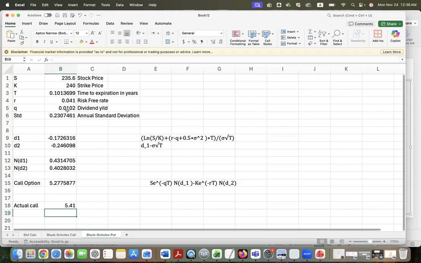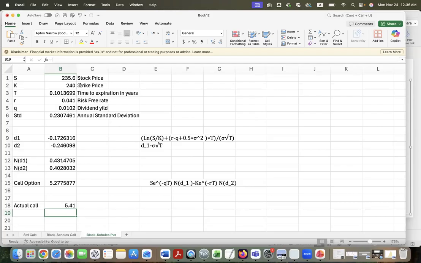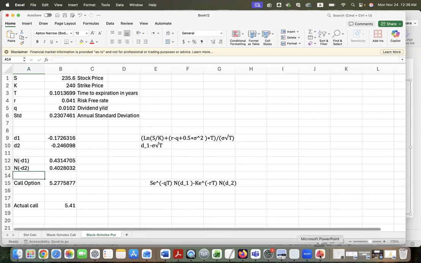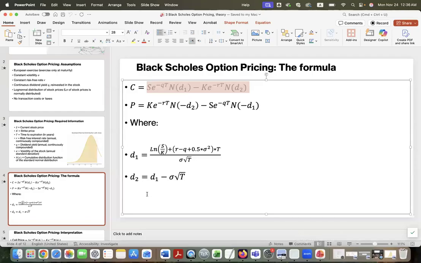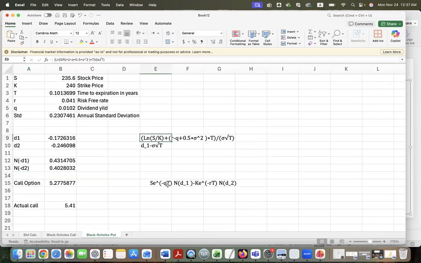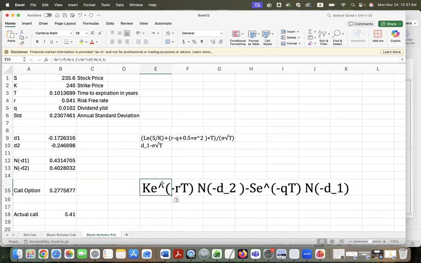So let's say put is the same 240. So far I got D1, D2, but here I want N negative D1 and N negative D2. So let me copy and paste the formula for put option. D1 and D2 have the same formula, but for the put option, we have this formula. So I'm gonna copy this and then paste it here.